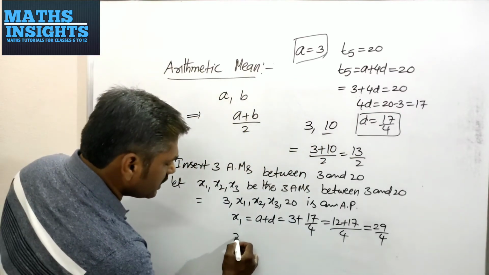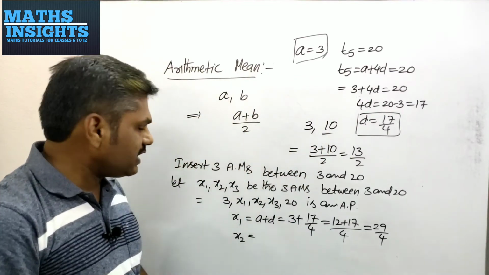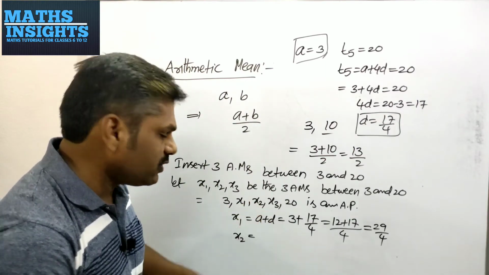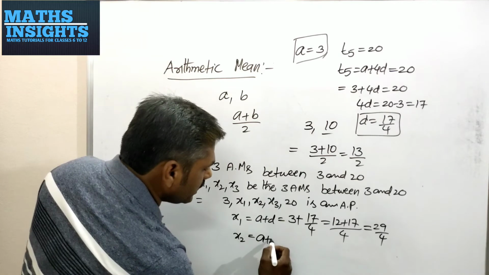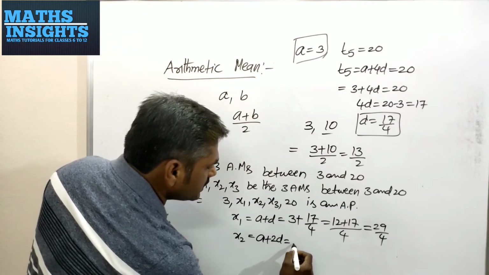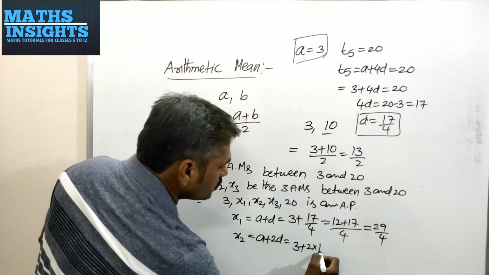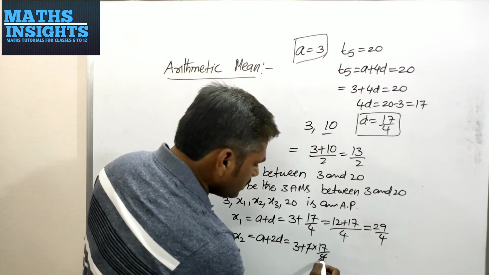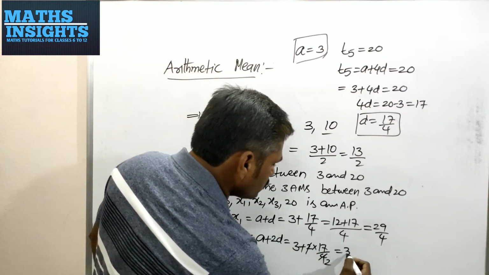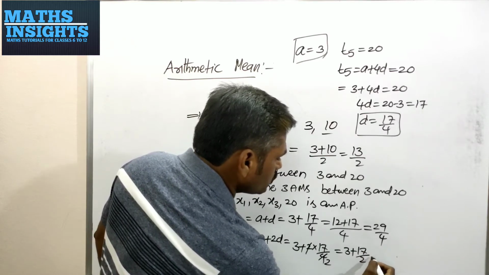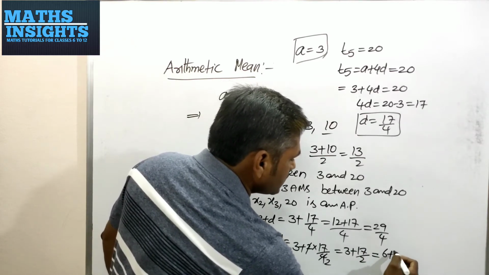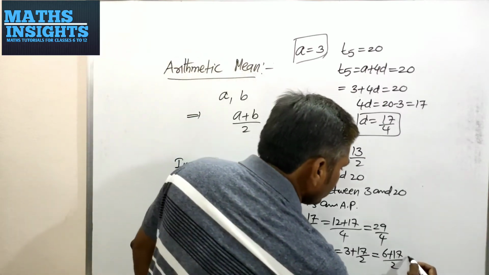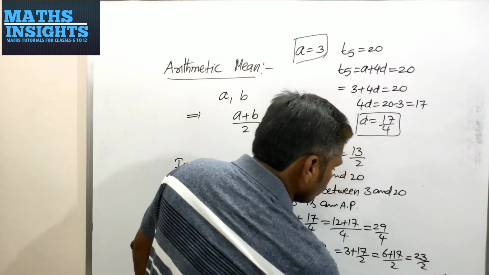Coming to the next AM, x2. x2 is the third term in the progression. Therefore a plus 2d, that is 3 plus 2 into 17 by 4. That is equal to 3 plus 17 by 2, 6 plus 17 by 2, taking LCM, that is 23 by 2.